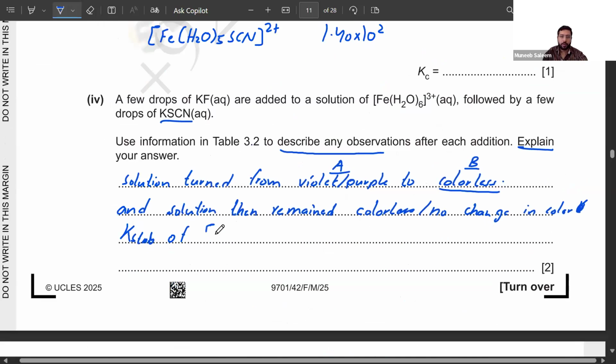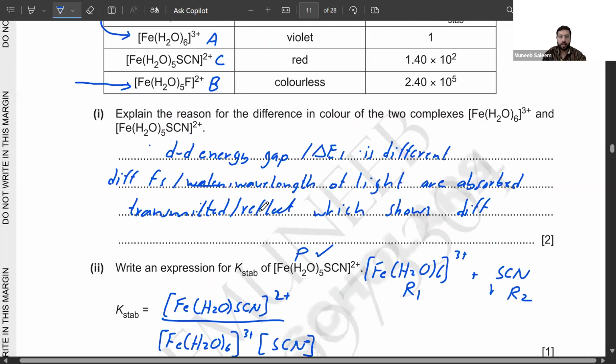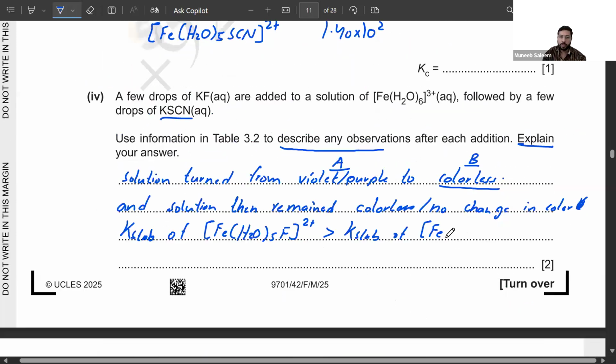The K step of Fe with 5 water ligands and fluoride, complex having a charge of 2+, is greater than the K step of the initial complex, which we know has 6 water ligands, which is also mentioned in the question. Fe(H2O)6 with 3+ charge.